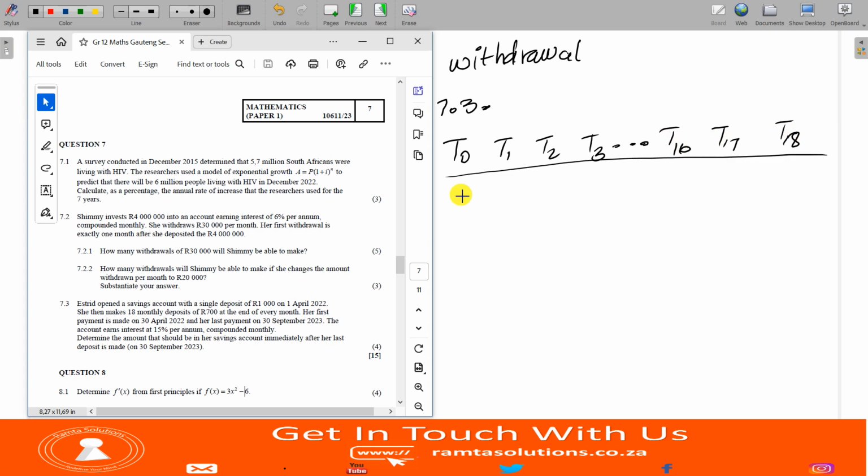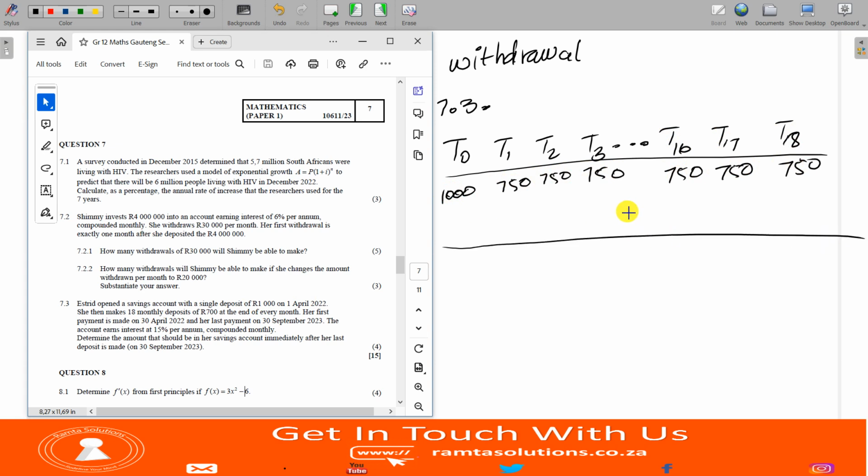The first payment that she made was 1,000 rand. Afterwards, it was 750, 750, 750, 750, 750. What is her interest? Her interest was 15% per annum compounded monthly.